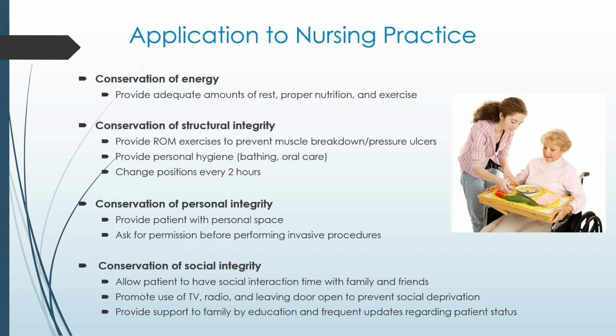So we really want to make sure we prevent social deprivation by allowing them to use the TV, the radio, maybe even leaving the door open so they can see what's going on outside while still maintaining that privacy. And then provide support to the family by educating them and providing frequent updates of the patient's status, especially now with only one person allowed in the room during COVID.